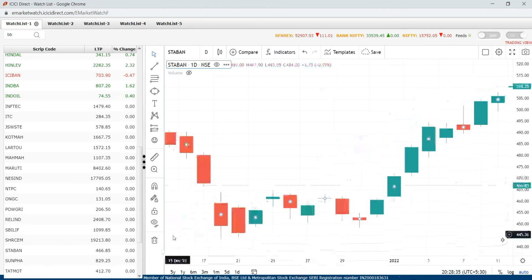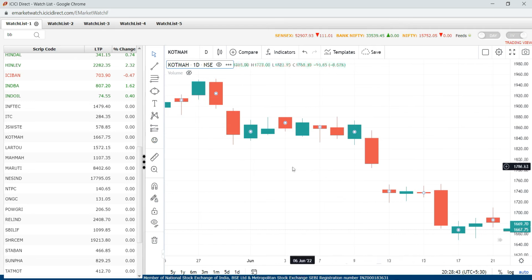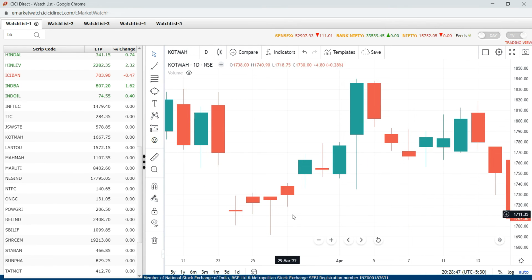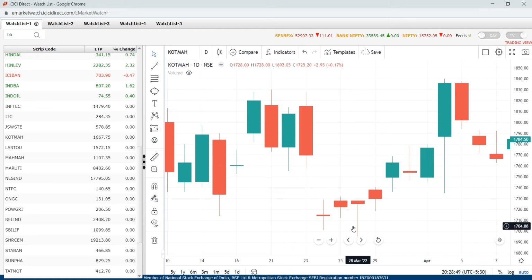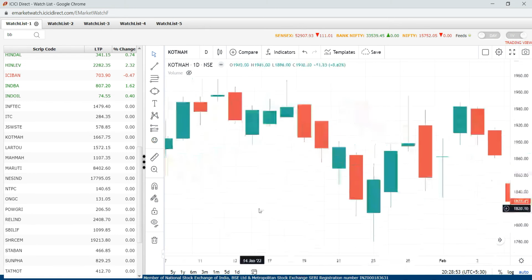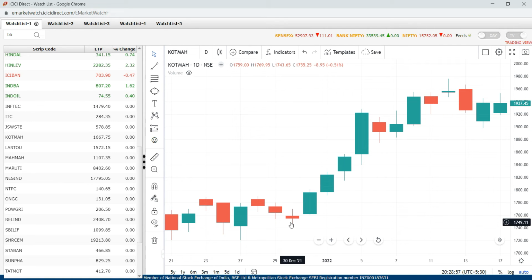Similarly, we will check on another stock to see if we can find some pattern on that. I've taken Kotak Bank. Let's see if we can find any morning stars on this. Okay, yeah, this is one more.